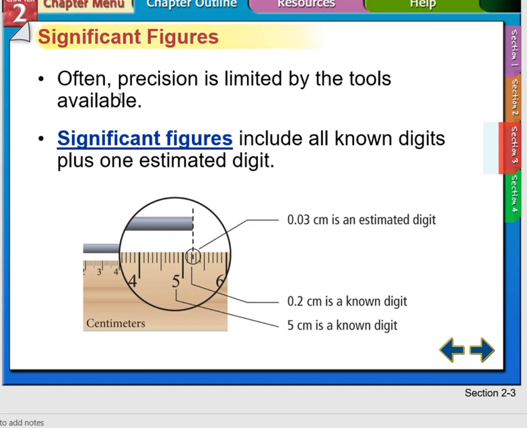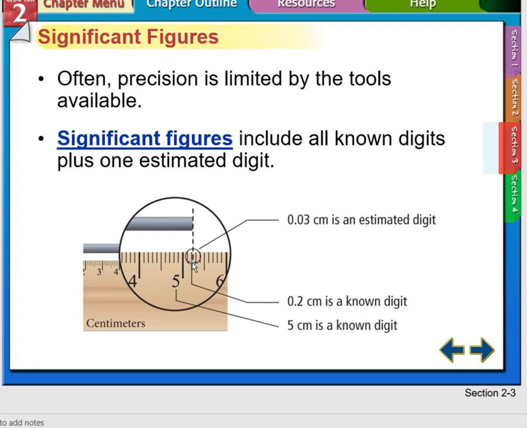You can only measure one place after the last marking. So if you look here, we have, this is in centimeters. There's 10 marks in here, so those are millimeters. And so that right there is a 1/10 of a millimeter or 1/100th of a centimeter.